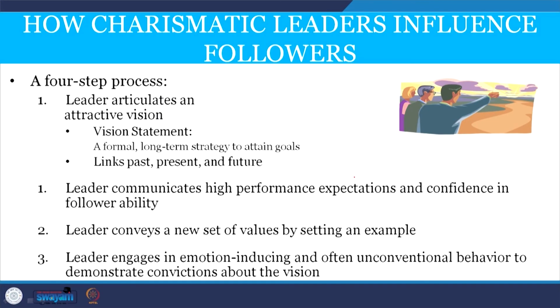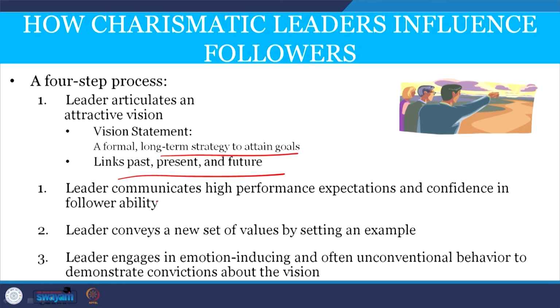How do charismatic leaders influence followers? A 4-step process: the leader articulates an attractive vision or a vision statement, a formal long term strategy to attain the goals, a complete strategy which links the past, present and future. The leader communicates high performance expectations and confidence in the follower's ability.